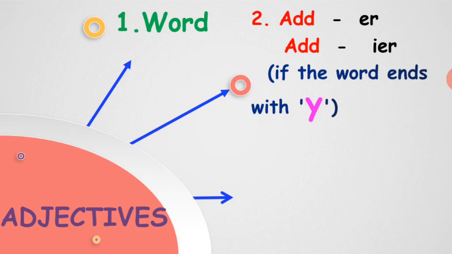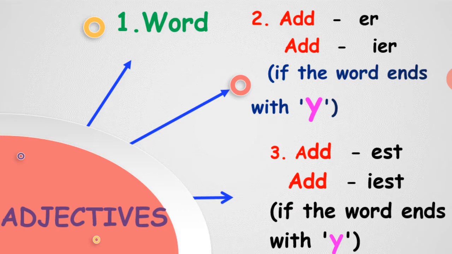We remove that y and instead of that, we add ier. Like happy will become happier. And when we compare it in the next level, we add est. Tall, tallest. Big, biggest. Here too, if the word ends with y, the y will change into iest when we change it into the third level.